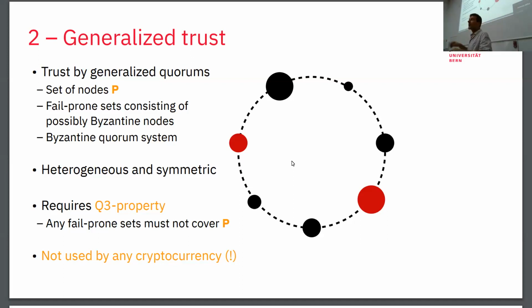Here, we give you the flexibility to define these sets of possibly corrupted nodes. And in an actual execution, one of these sets will actually consist of corrupted nodes. This is the so-called fail-prone system, where the protocol is prepared to tolerate failure of all the nodes in one fail-prone set. And with this, we can do consensus.